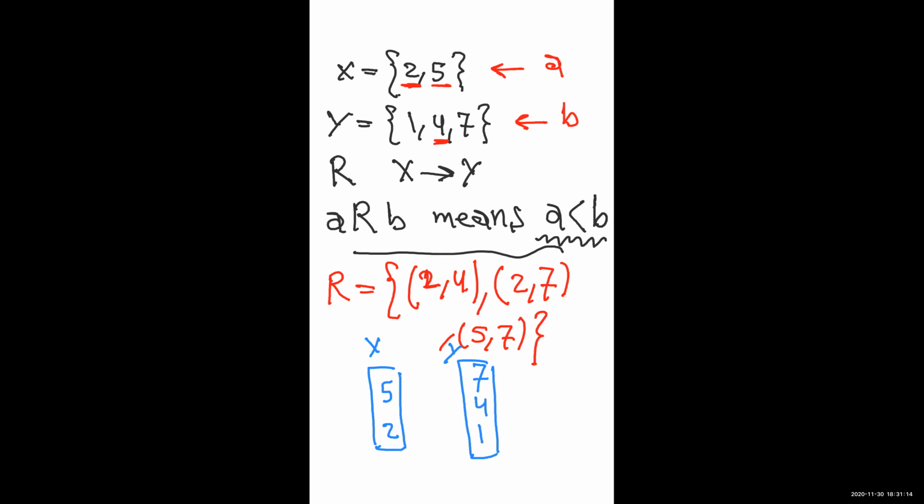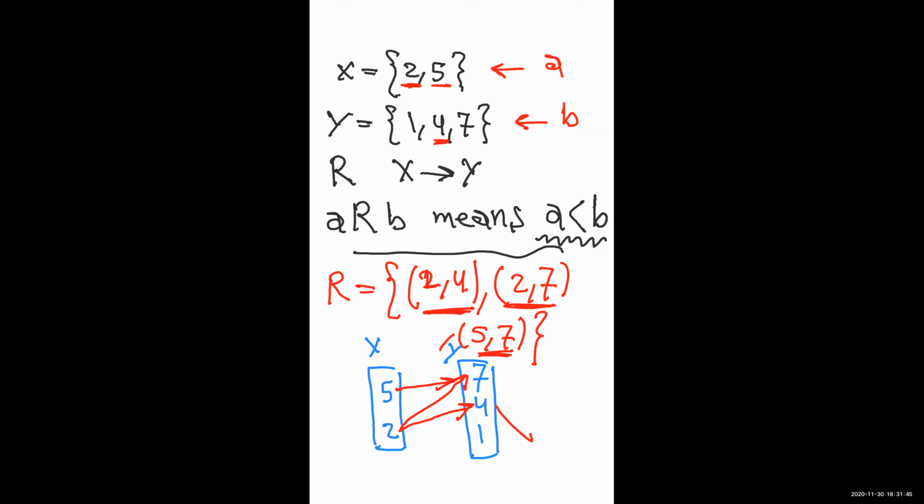Now use the relation to draw your arrows. First, ordered pair 2 and 4: one arrow from 2 to 4. Next, 2 and 7: one arrow from 2 to 7. And finally 5 and 7: one more arrow from 5 to 7. That's it. So this is the representation of the relation using an arrow diagram.